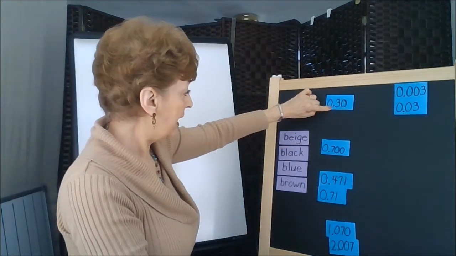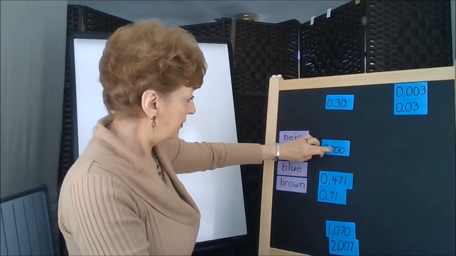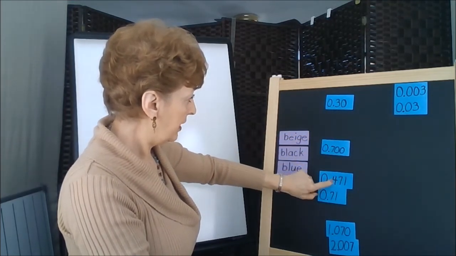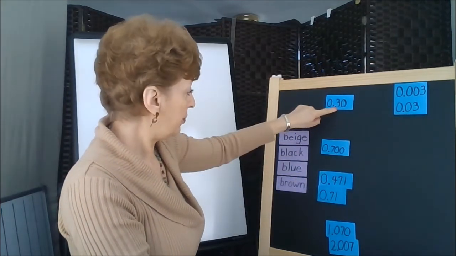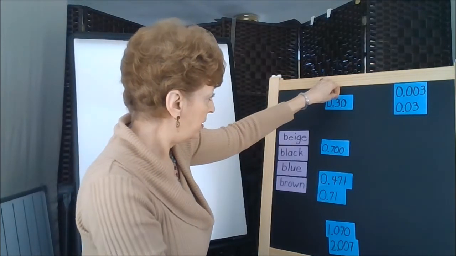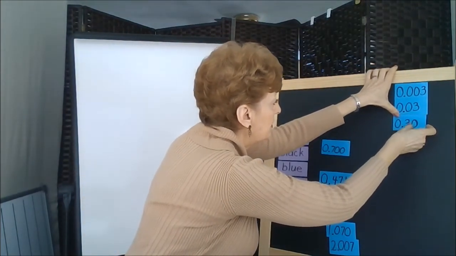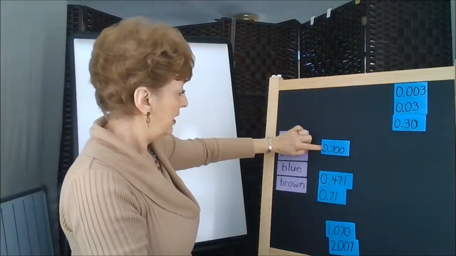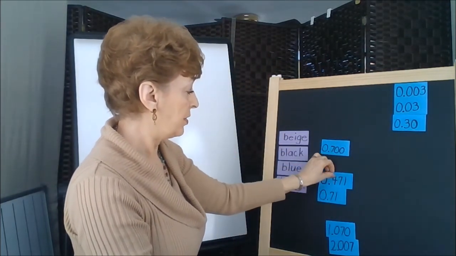Going back, we have a 3, a 7, a 4, and another 7. 3 comes first in our counting order. So here's our next. Now we have a 7, a 4, and a 7. 4 comes before 7.